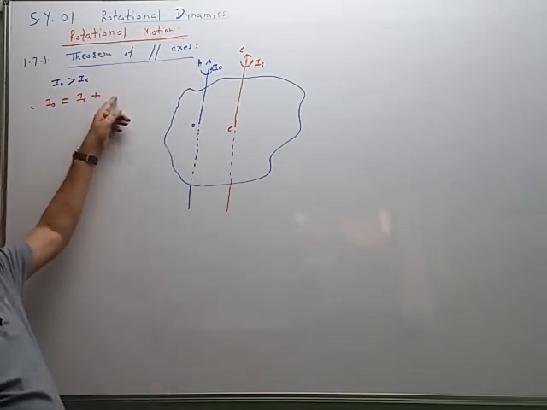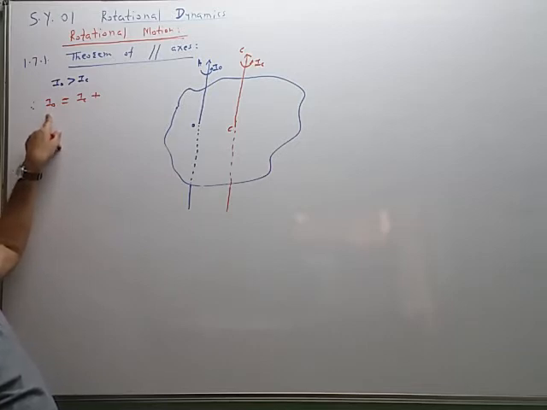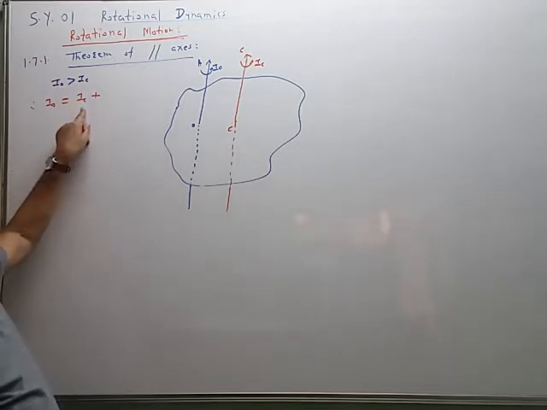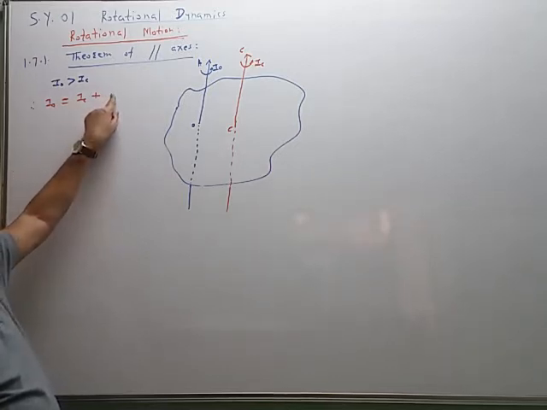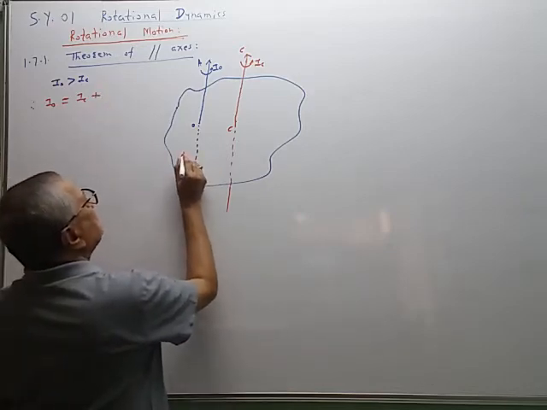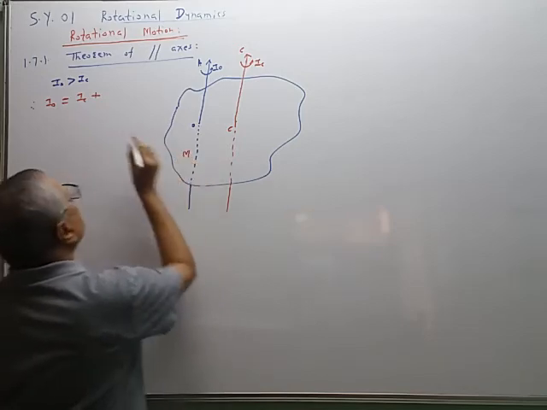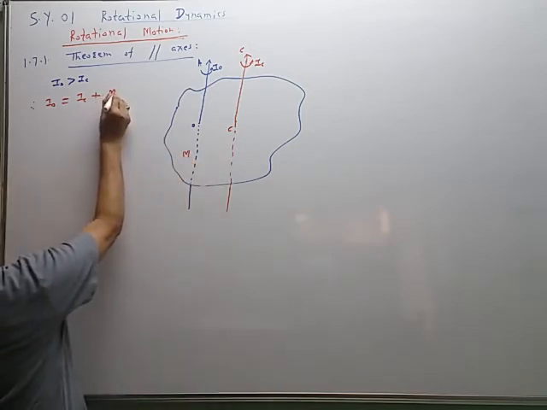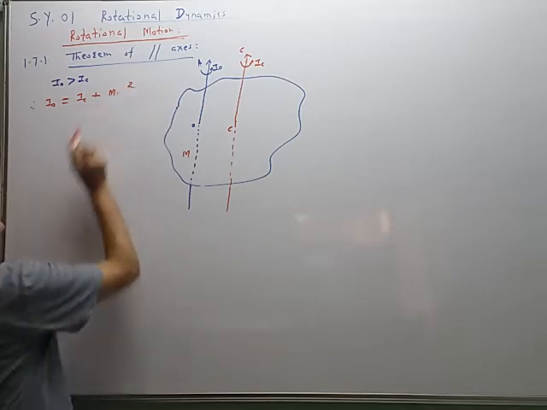So the equation must be dimensionally correct. IC has unit kg meter square, IO has unit kg meter square. The third term that we have to add should also have the same unit, kg into meter square. So kg for mass, that mass is capital M, the total mass of the body, into the square of a distance.